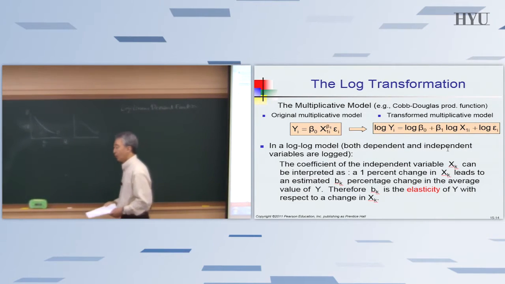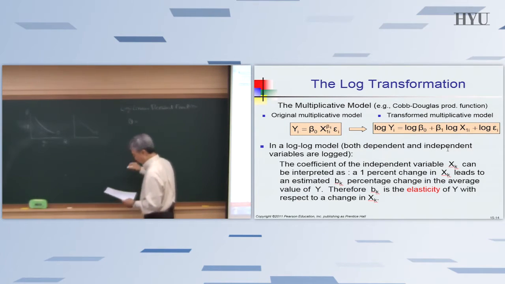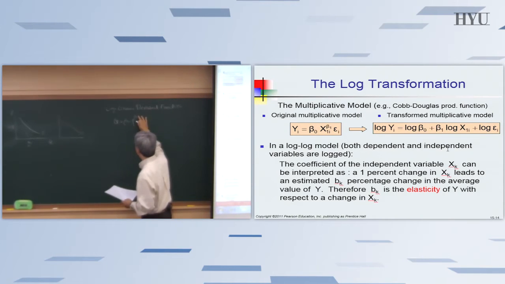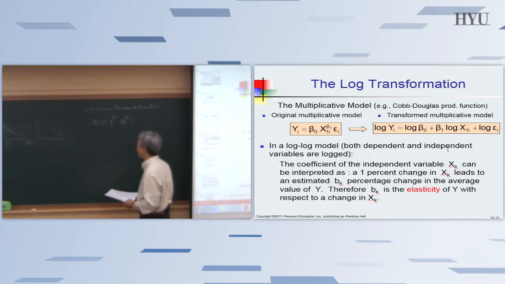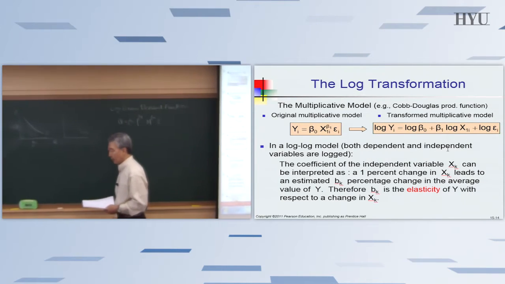So how do we come up with this functional form for the demand curve? Many times we use Q equals beta naught times P to the power of beta 1, multiplied by M to the power of beta 2, and error term. We can specify it this way.